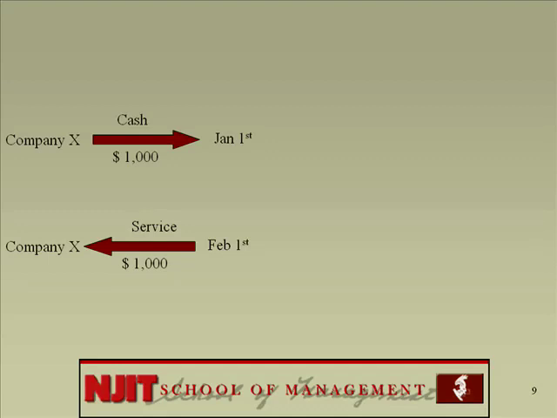In this case, the company paid the cash first, so it's prepaid. They receive the product or service at a later date. Now, let's say the company prepaid before they received the bill and service.